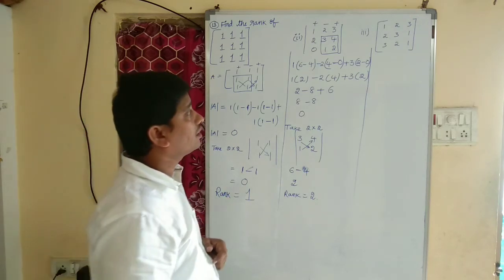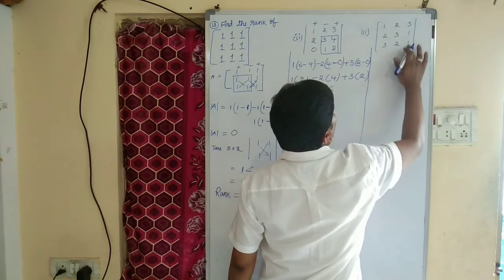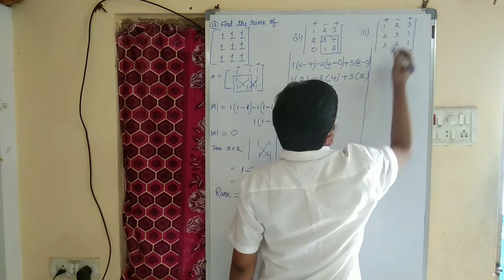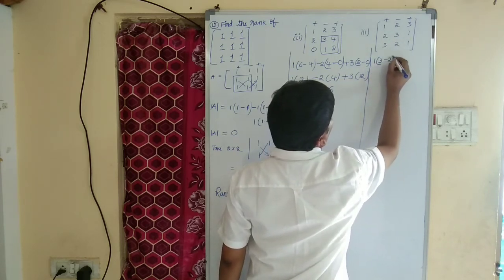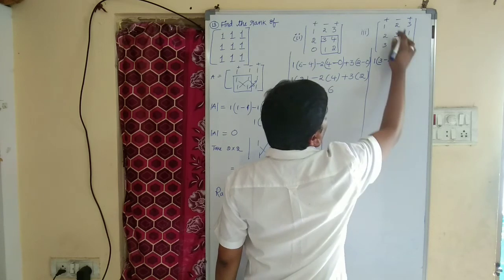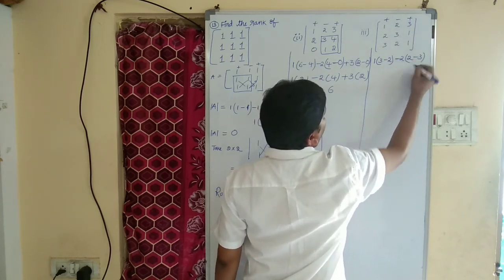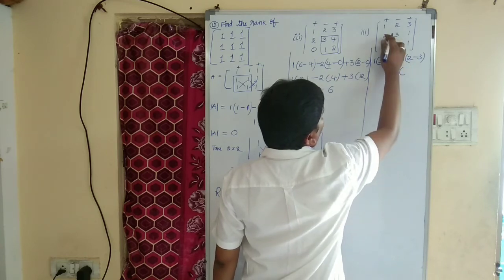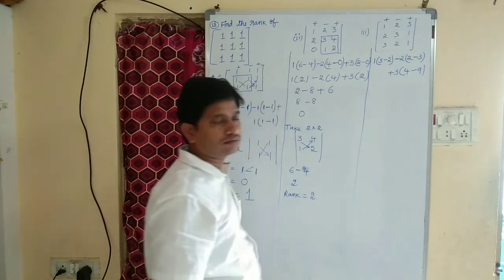Let us find the determinant of the given matrix. Plus minus plus: 1 into 3 1 ja 3 minus 2 1 ja 2, minus 2 into 2 1 ja 2 minus 3 1 ja 3, plus 3 into 2 2 ja 4 minus 3 3 ja 9.